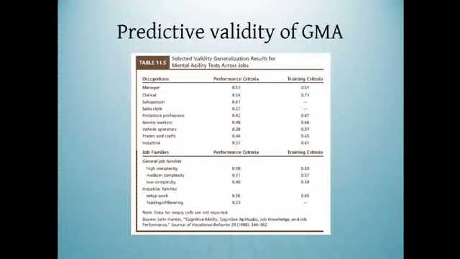Now, in this figure, we see how the validity of general mental ability generalizes across jobs. So we see that general mental ability relates pretty nicely to performance in a broad range of jobs like manager, clerical work, sales, protective professions, even car drivers, people working in the trades, and so on.